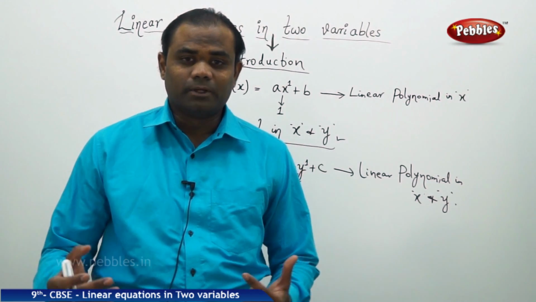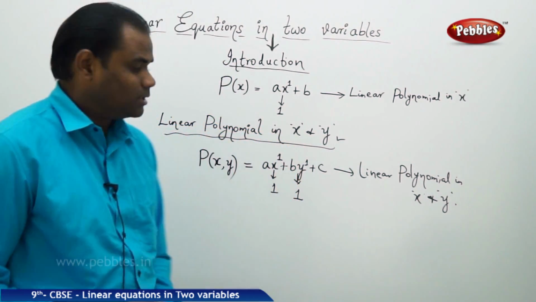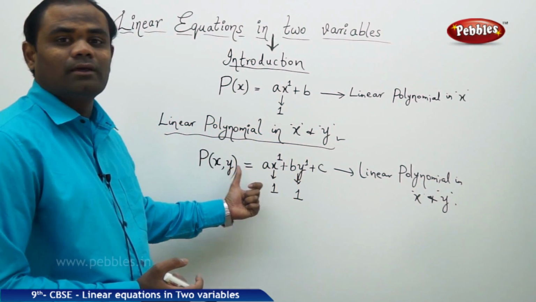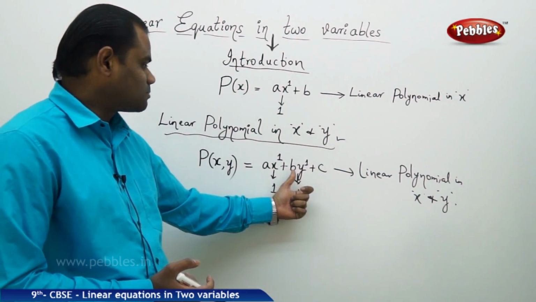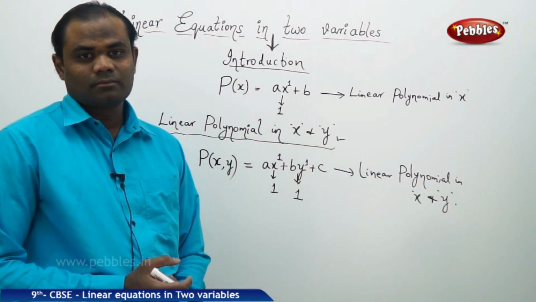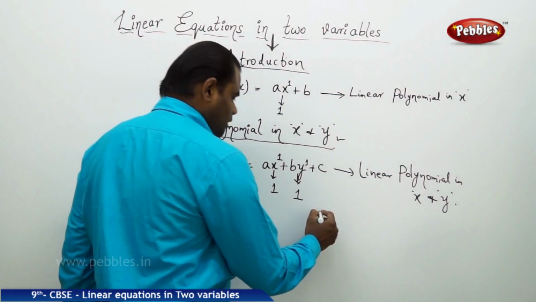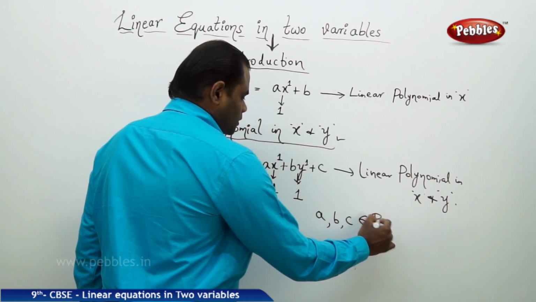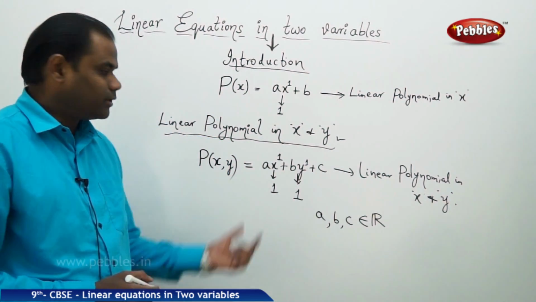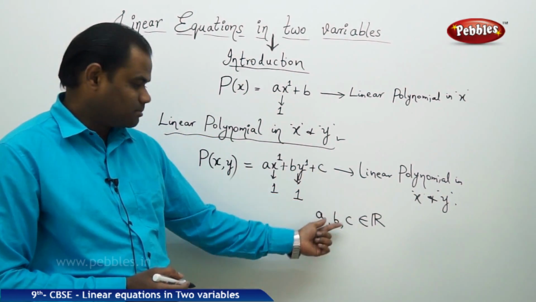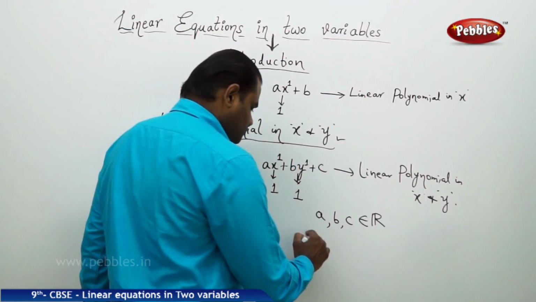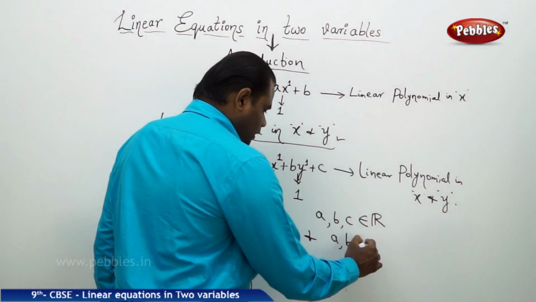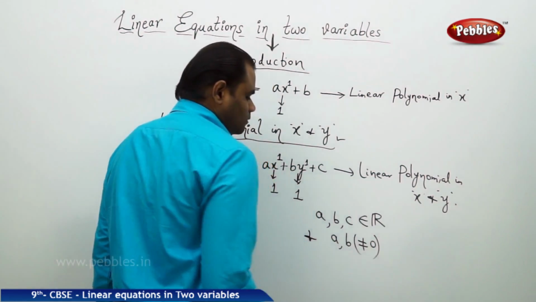A linear polynomial in x and y is defined to be p of x comma y equals ax plus by plus c, provided the condition a, b, c belong to real numbers. The three constants or the coefficients must be real numbers, and the second rule being a and b should not be equal to 0.